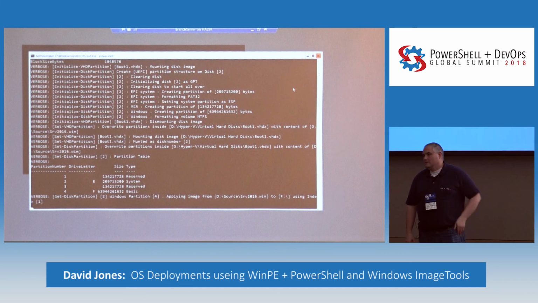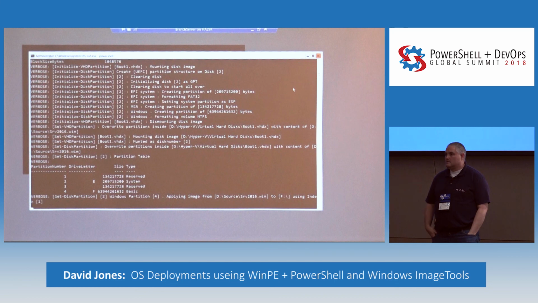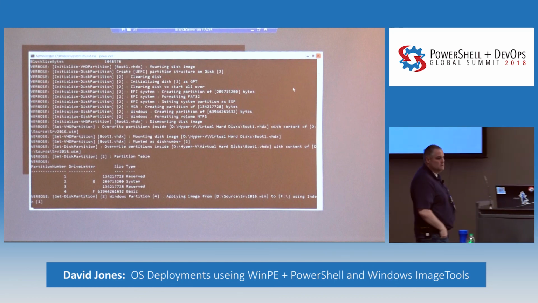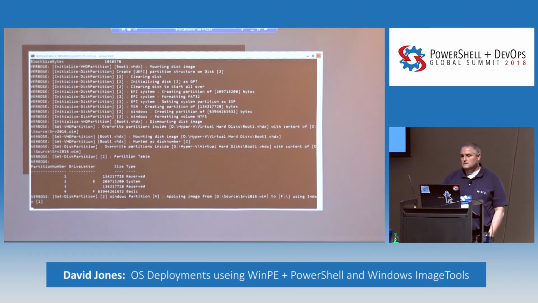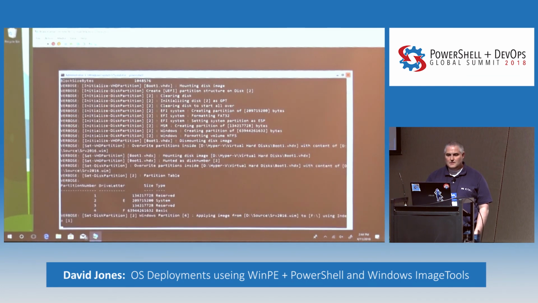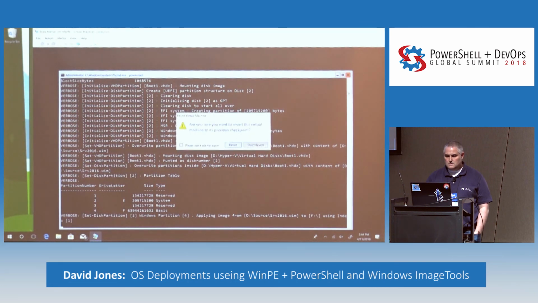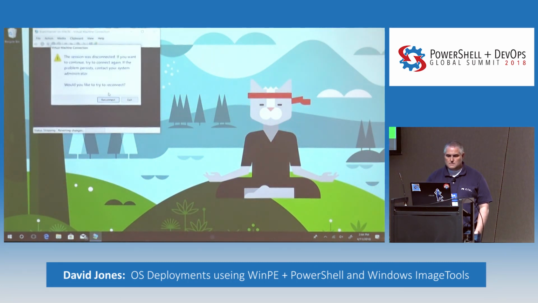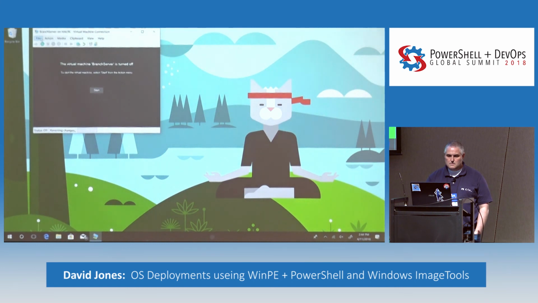Do you know what version ultimately of PowerShell gets run in the PE? Don't know. It depends on which ADK you use to build it. This is the one I downloaded last month. So I suppose we can do that. We'll just bail this. Oh, come on.